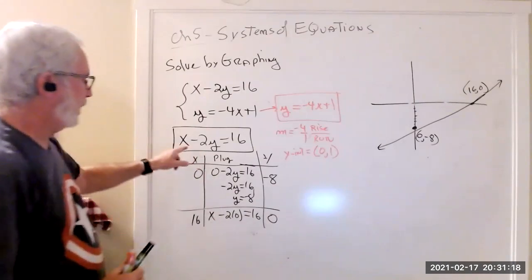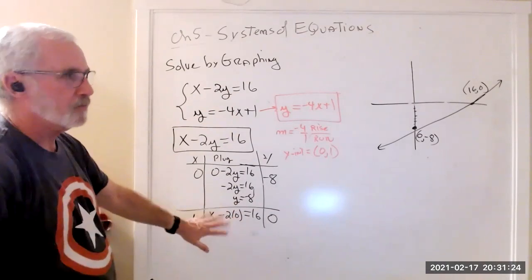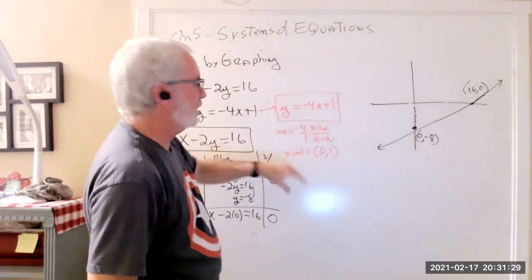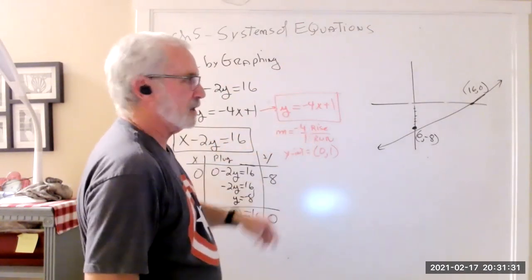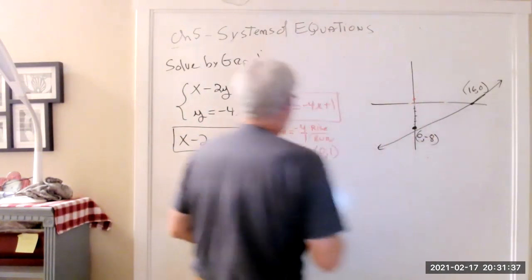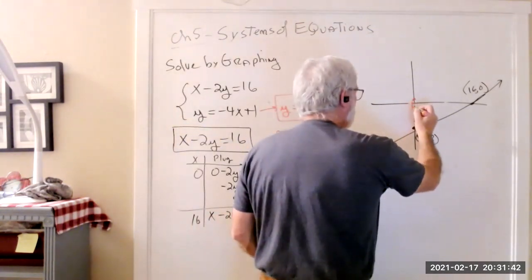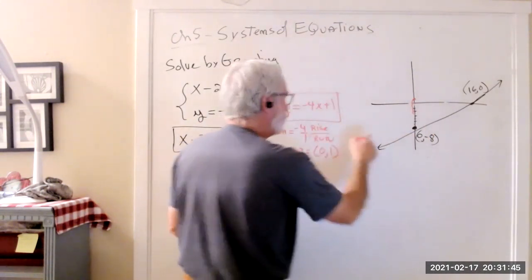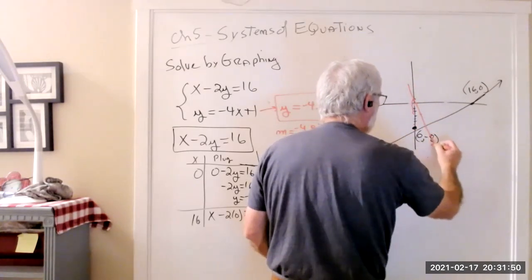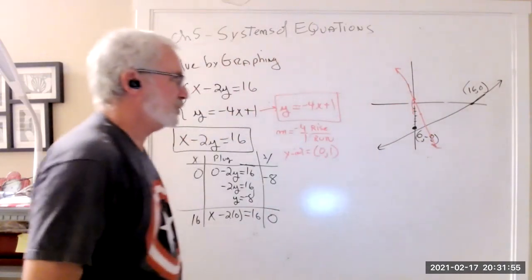Again, when my equation was in one format, I used one technique, a table. When my equation is in a different format, I use a different technique, in this case rise, run, and y-intercept. So I start at 0, 1, and I rise negative 4, 1, 2, 3, 4, and I run 1. This is my second equation.